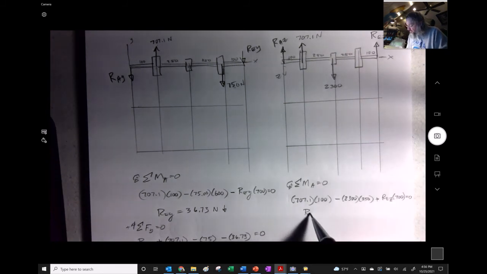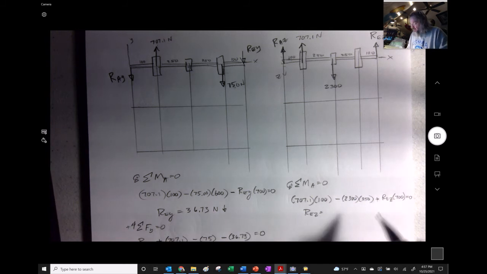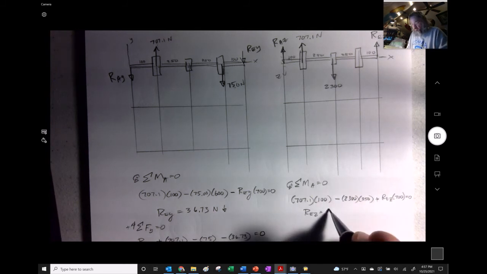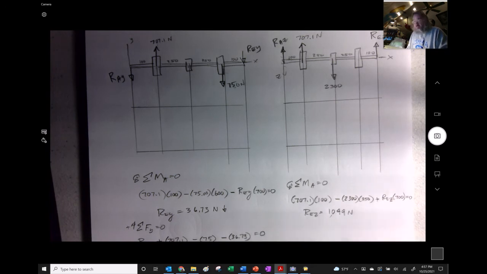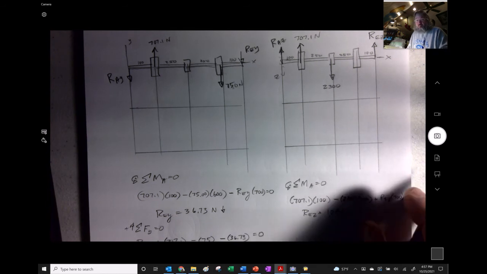So I got REZ equals 707.1 times 100 minus 2,300 times 350, and then divide by 700, and we get a pretty large reaction of 1,049 newtons, and as predicted, it's up.